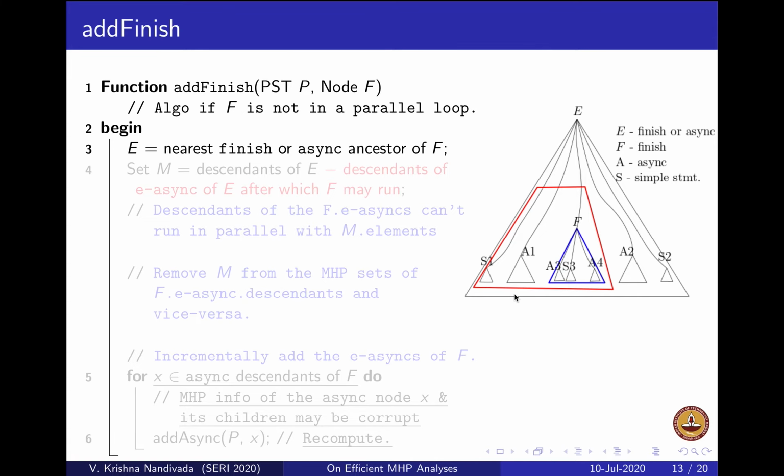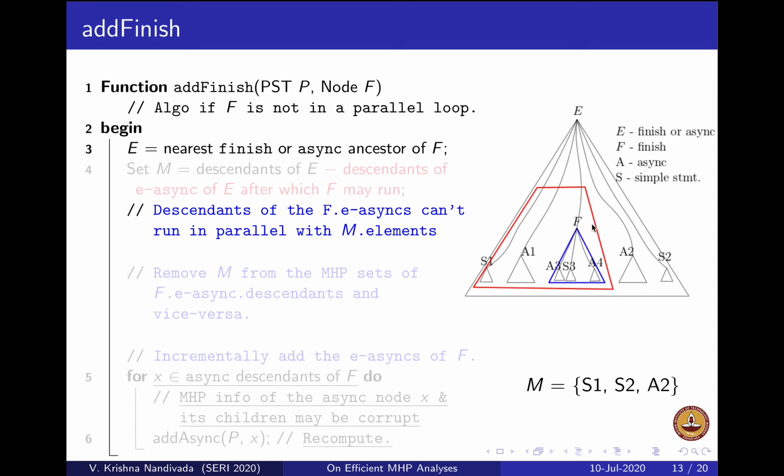So I compute one such set, which are getting affected because of this F, and which will not run in parallel with this A3 and A4 because of the addition of F. That set for us was S1, S2 and A2.